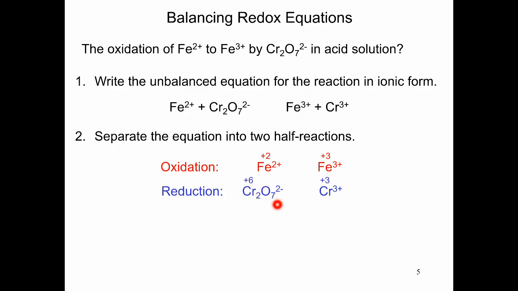Oxygen is usually -2, and we have 7 oxygens, so 7 times -2 is -14. And then you have 2 chromiums. At first, we do not know the oxidation number of chromium. We know the oxidation number of oxygen is -2, so times 7 is -14, and the total must be equal to -2.